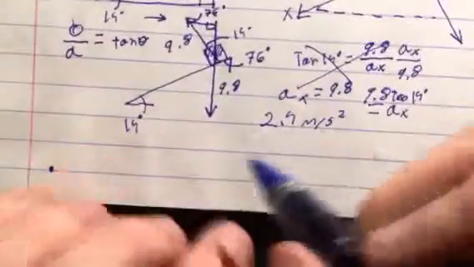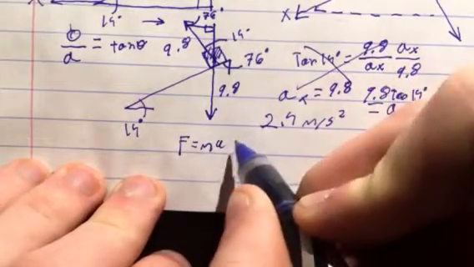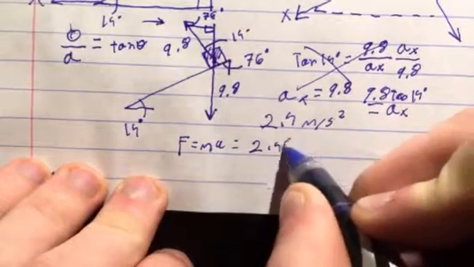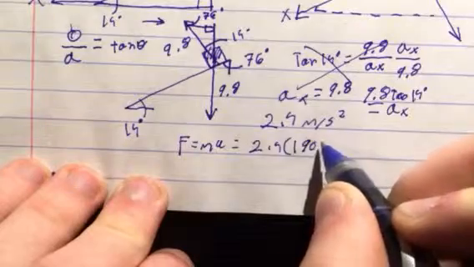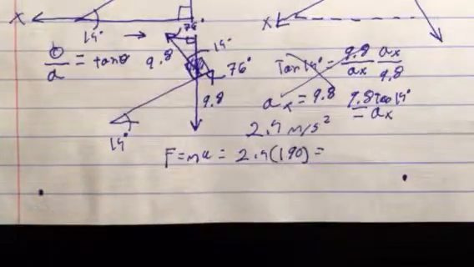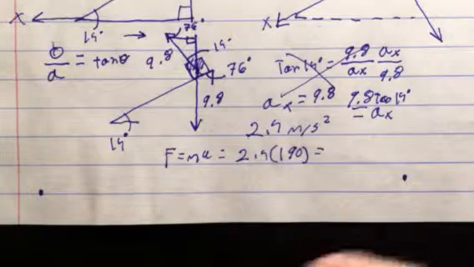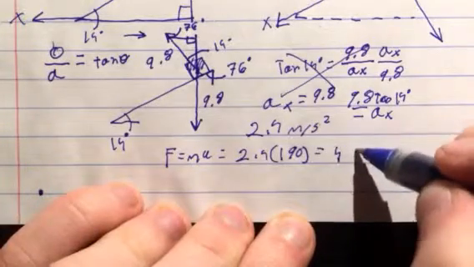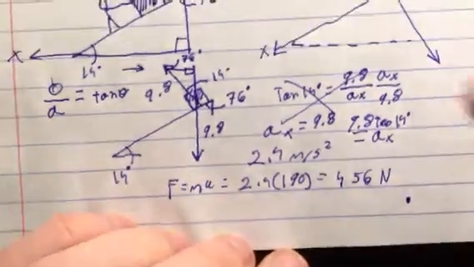Now, we plug this into F equals ma, and that's going to be 2.4 times the given mass of 190 kilograms, which is going to result in 456 newtons of force.